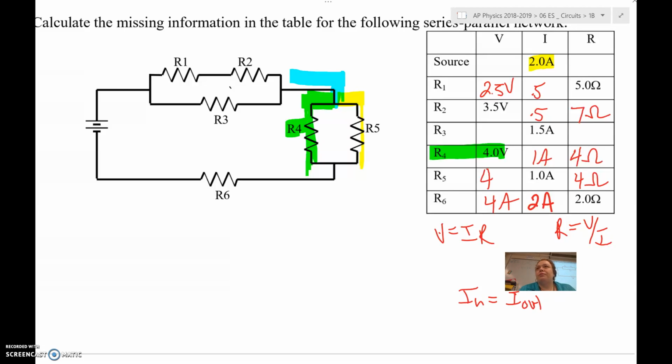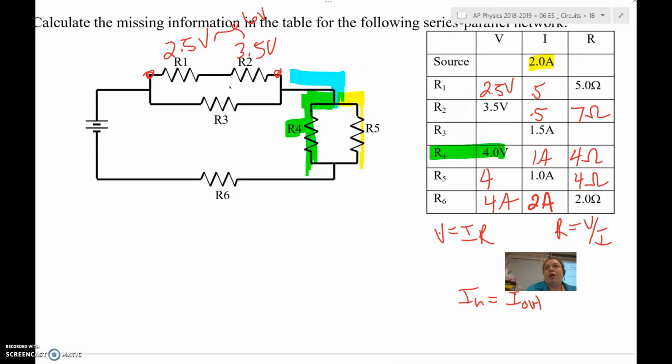We've now cleared everything that we can, and here we have that little R3 that's just stuck there waiting for information. But now I have some more. In addition to knowing that R2 is 3.5 volts, I know that R1 is 2.5 volts, which means that the total voltage drop across this path, R1 and R2, is 6 volts.